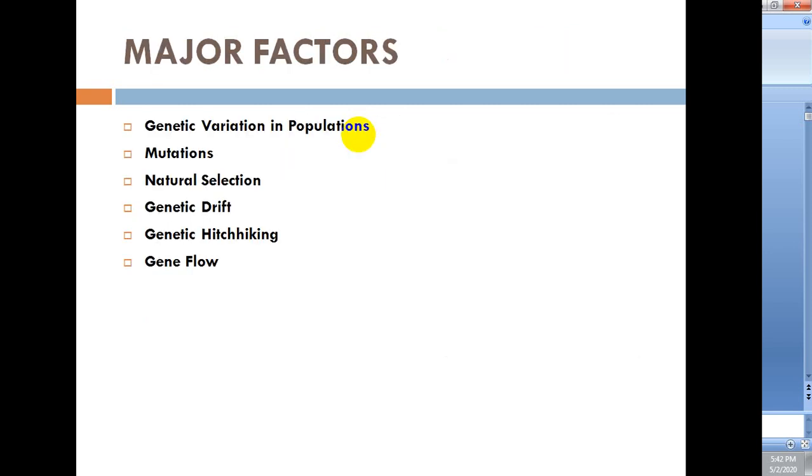So I was talking about the major factors that are responsible for evolution in a population. Those are genetic variation in a population, mutations, natural selection, genetic drift, gene hitchhiking, and gene flow.